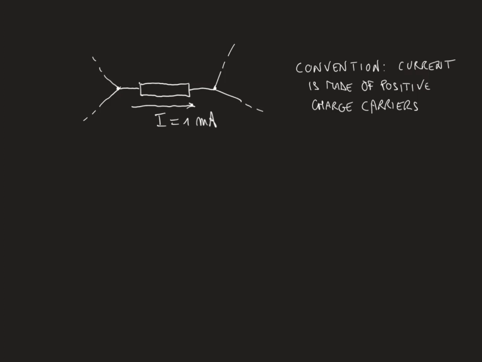Consider now this example. Suppose that we have a conductor carrying a 200 milliamp current. The current is flowing from left to right in the conductor. This means that we are conventionally assuming that positive charge is flowing from left to right in the conductor. Now the question is, how many electrons pass through a section of the conductor in 1 second?